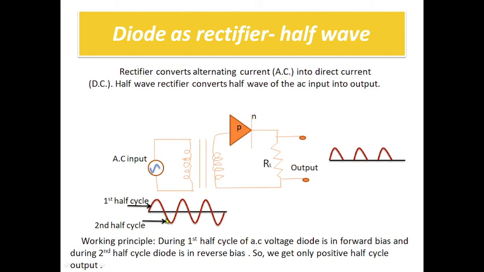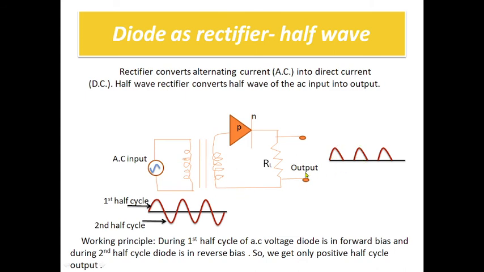So due to the second half cycle, no current will flow, as it is blocked by the diode. As the circuit is not completed, we don't get reverse current, only forward current. So we get the load output only for the first half cycle, so we draw only the first half cycle.